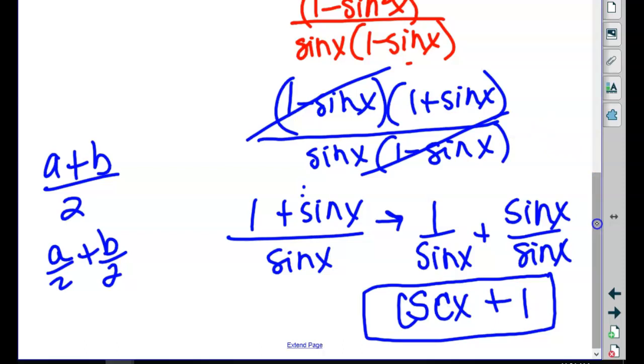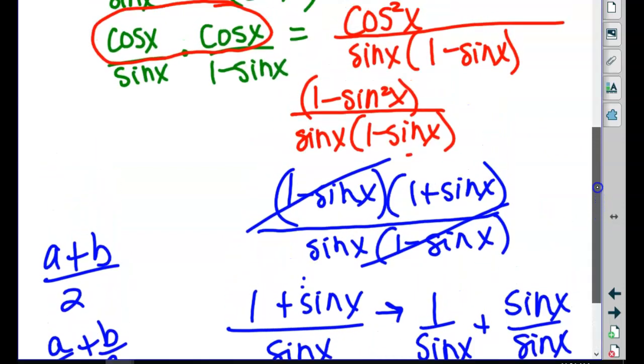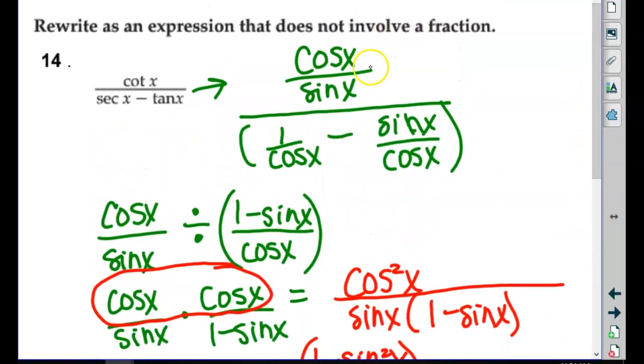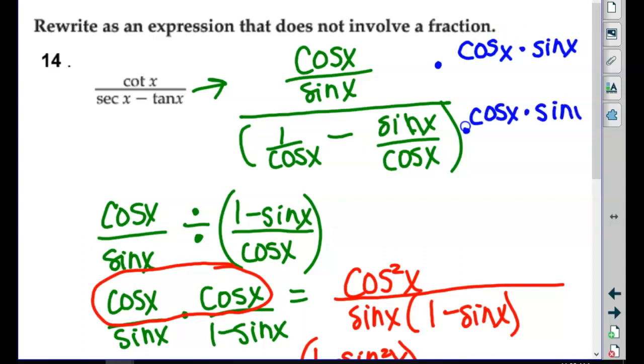Okay, I think what we probably should have done way back up here was multiply through by the common denominator. What is the common denominator? Cosine times sine? So if I had multiplied the top by a cosine times a sine, and the bottom by a cosine times a sine, let me show you what happens, okay?